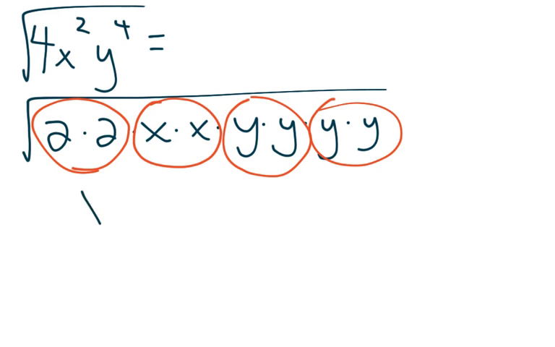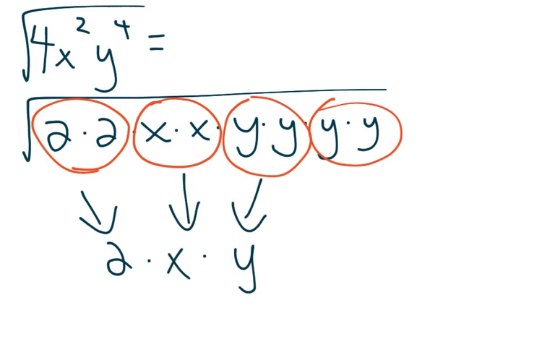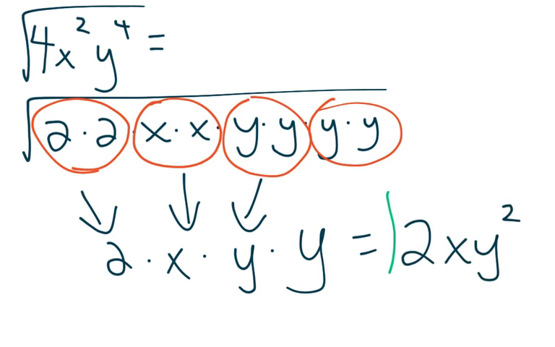So I'm just going to have 2 times x times y times y. And when I simplify that, I get 2xy squared. Notice no radical, nothing. When everything leaves, the radical doesn't get written. So the final answer is 2xy squared.